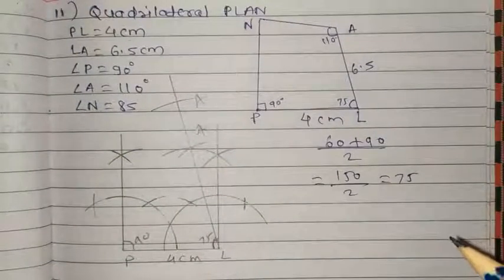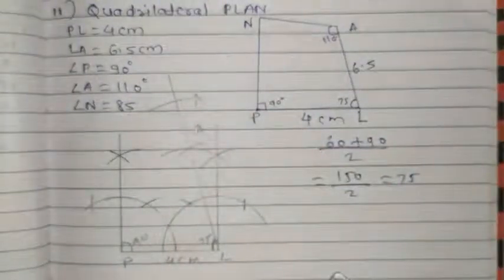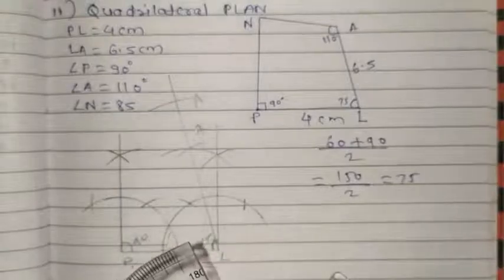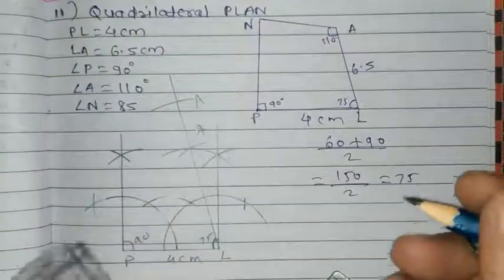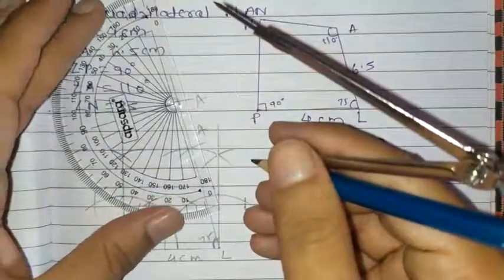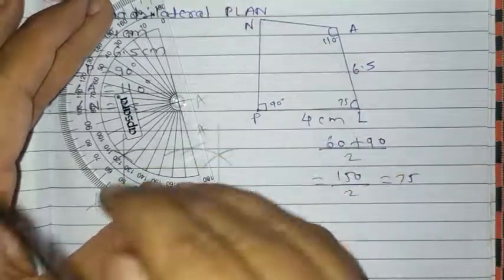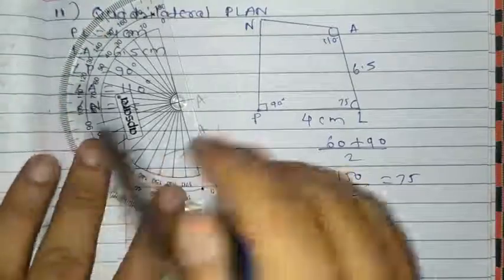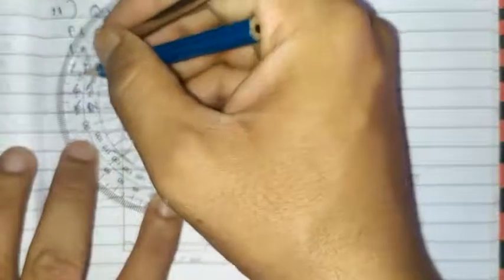So we got the two angles. Now at this A we want 110. For getting that you have to use a protractor, and while using it, you check the line carefully and keep it in position at exactly point A, and then you have to check 110. So this is 120, this is 110. See the point carefully.